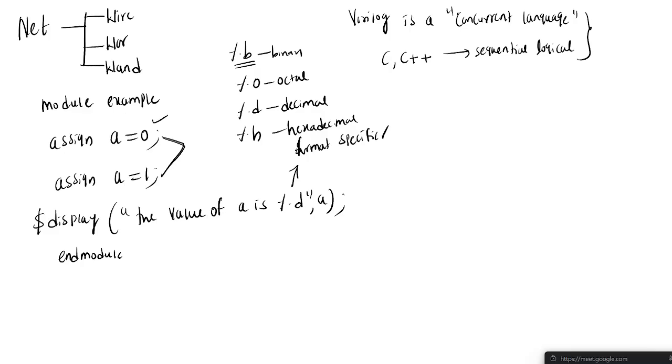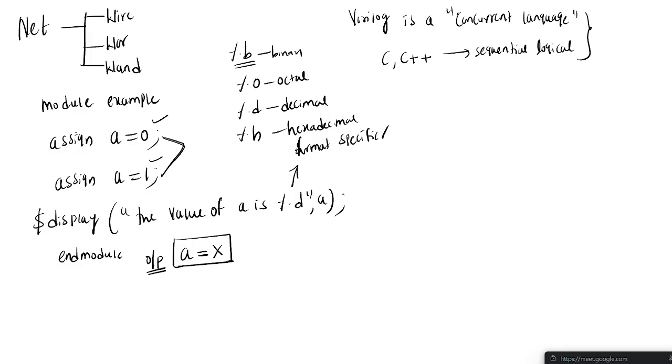First a becomes 0, next a becomes 1, so both are executing parallelly. So what is the value of a? The value is X. The output is X, invalid. Why? Because it is don't care.